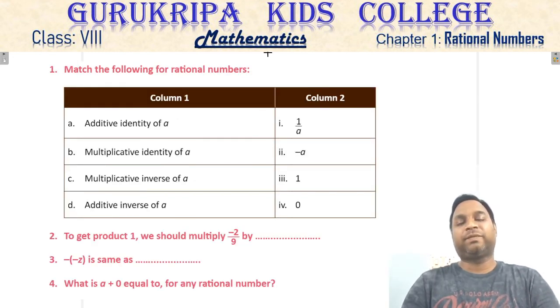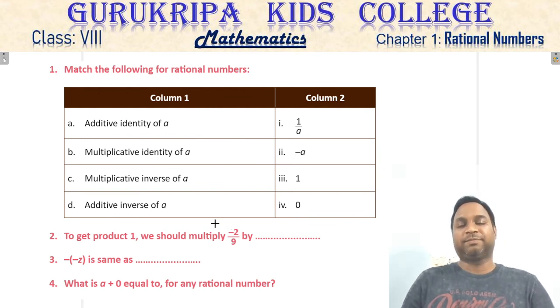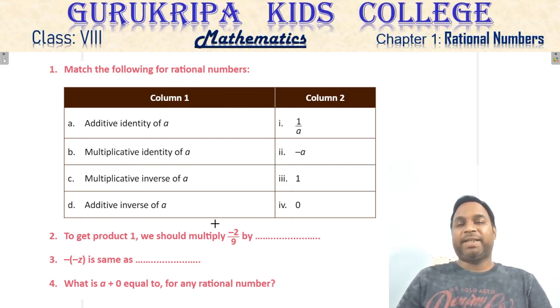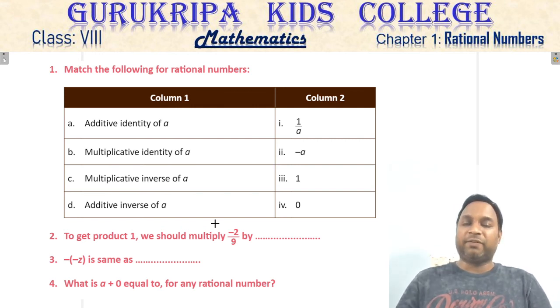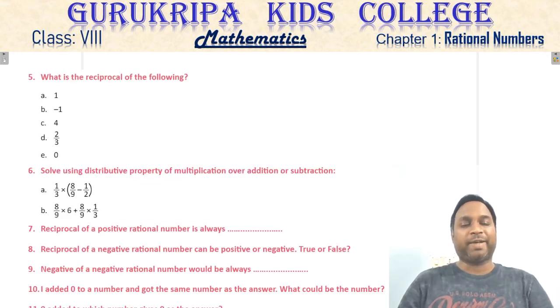Now you have these problems from the practice book. This will be your homework problems. You have to solve all these questions in your notebook. If you have any difficulty in solving any of these questions, definitely you can contact me. Question number 1, 2, 3, 4 are here, and 5 to 11 are here.